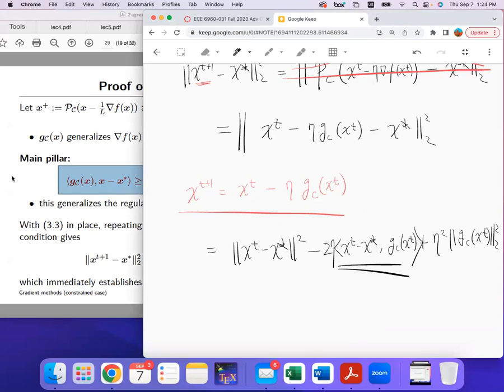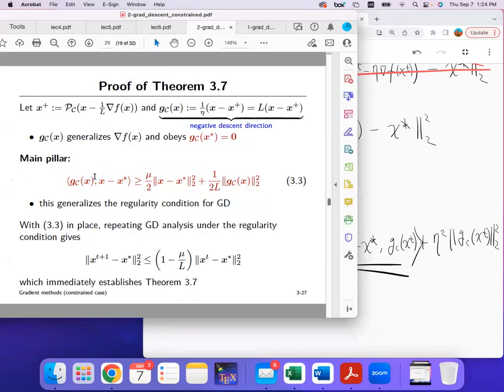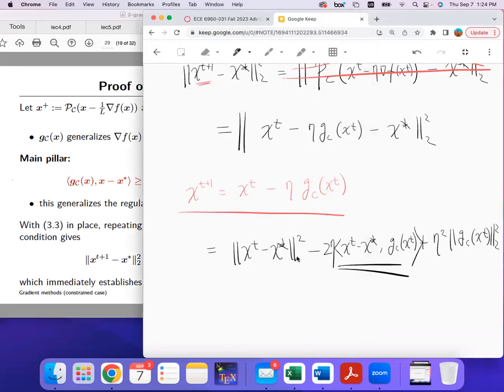So you apply this inequality, and you can upper bound this inner product by those two distances. Those two distances can then be combined with these two. Eventually, you will end up with a very simple recursion. It's a contraction, and then you will have linear geometric convergence. So it's a very simple step.